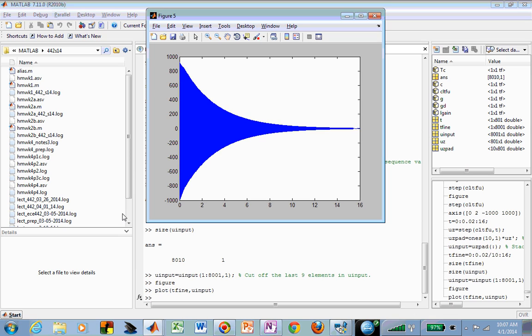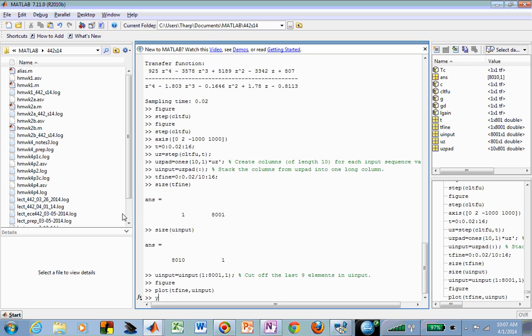That's my tInput. Now what I want to do is look at the inner sample behavior, and I'm just going to call that y sample, and now I'm using a function called linear simulation of the continuous time system G with the input that I just created over a time horizon with the finer sampled waveform.